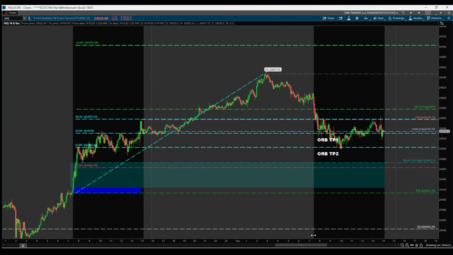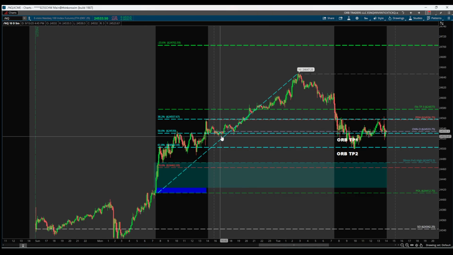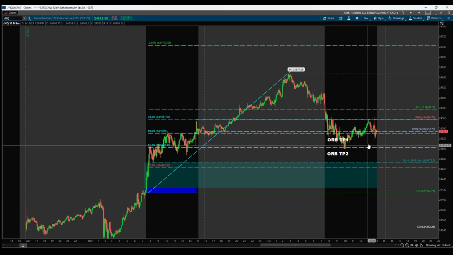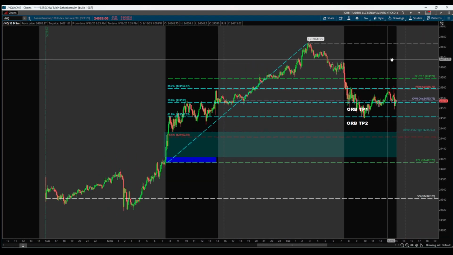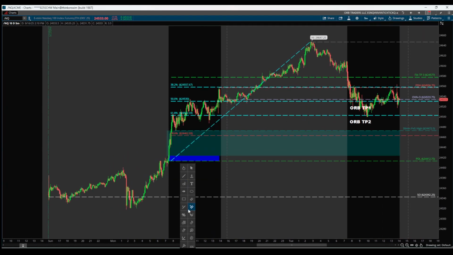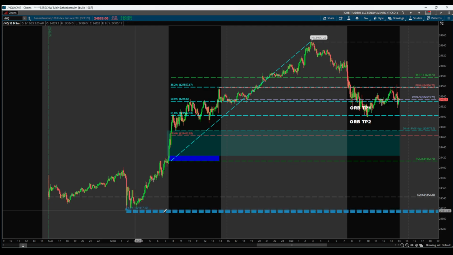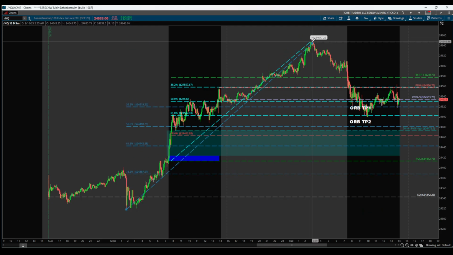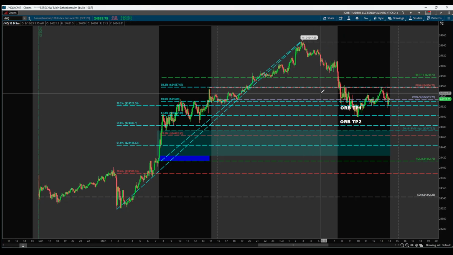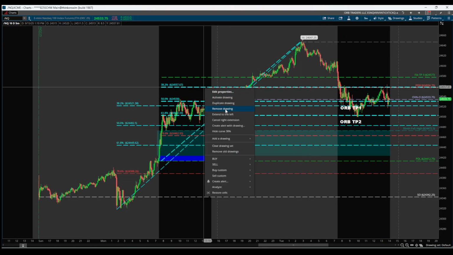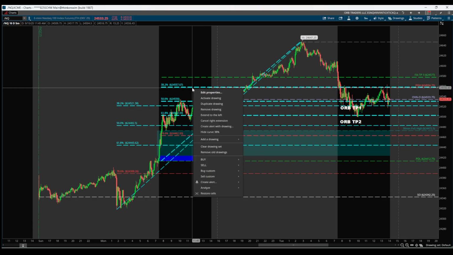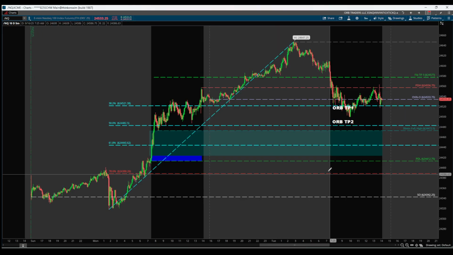So I'm going to keep this level on here just as a heads up to myself. I'm also going to be looking at the current week low to the current week high. And let me just hide this for now. I guess we have to remove the whole draw and then we can add it later.